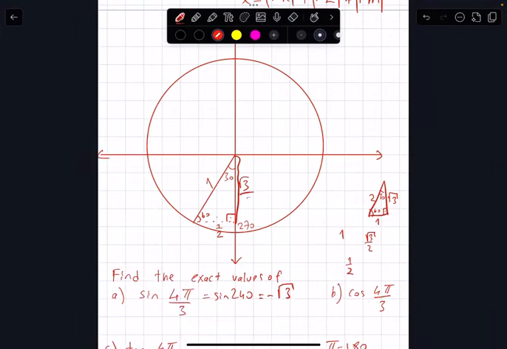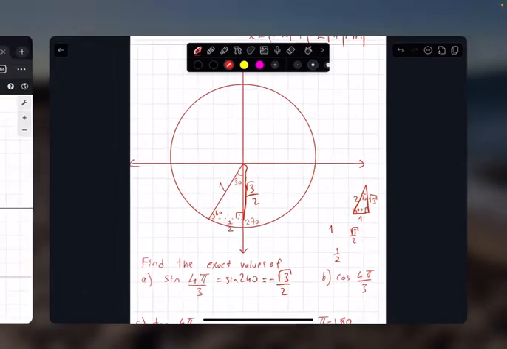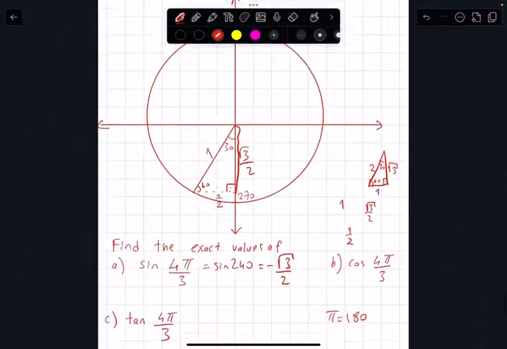This is divided by 2. Divided by 2, yeah. So now we have it. Okay. In that case, the answer is this.